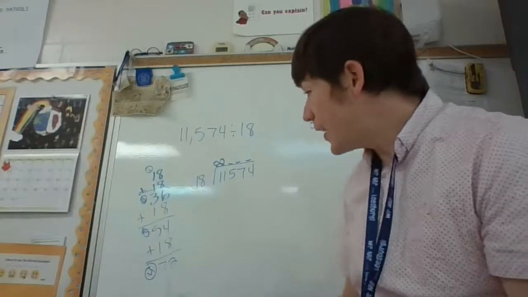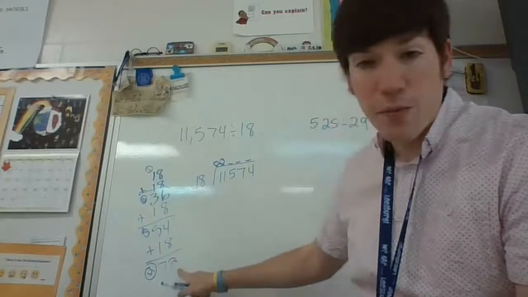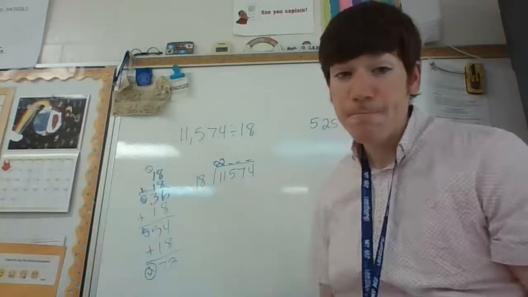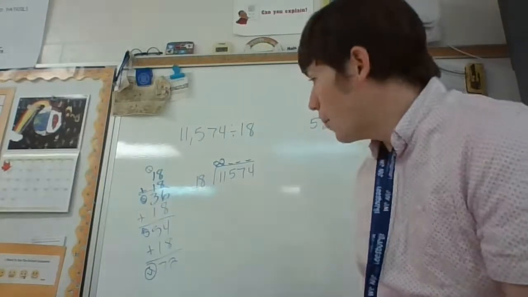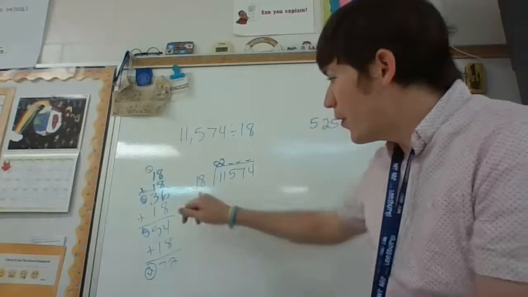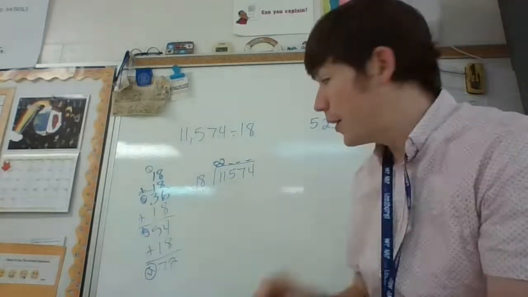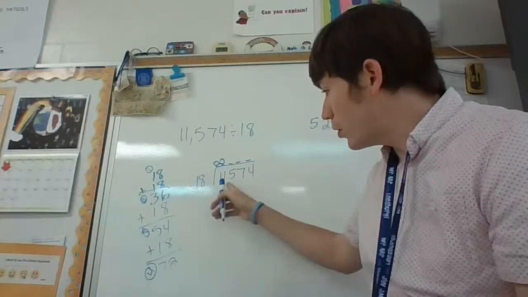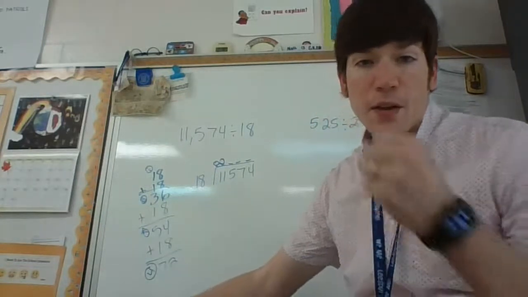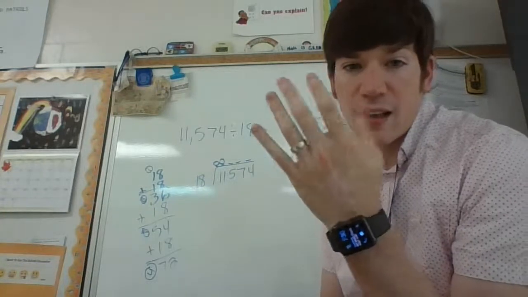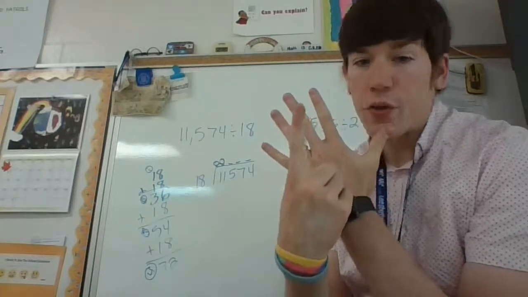Now, again, I can either A, continue with my multiples by adding 18, adding 18, adding 18. That'll work. Or B, think about a number that is close to 18, which for me is 20. So I'm going to count until I get close to 115 by 20s: 20, 40, 60, 80, 100, 120.